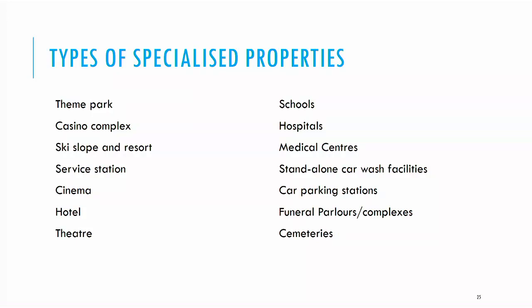Those are unique. All these, we cannot use for different purposes. The property building is built for this specific purpose. And the business and the property is unique. We can't separate. So we use profit method or going concern method.